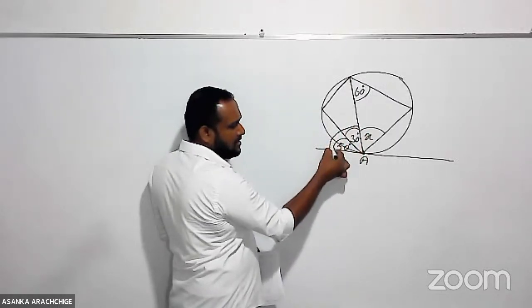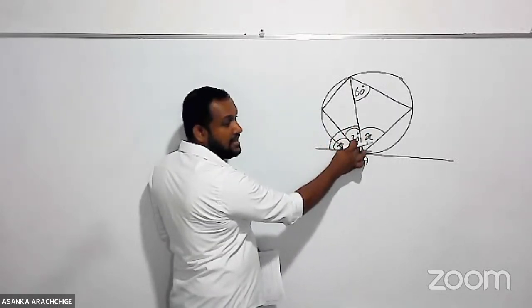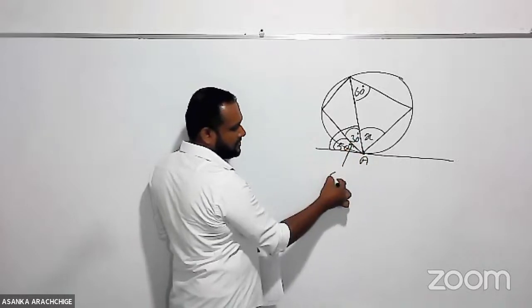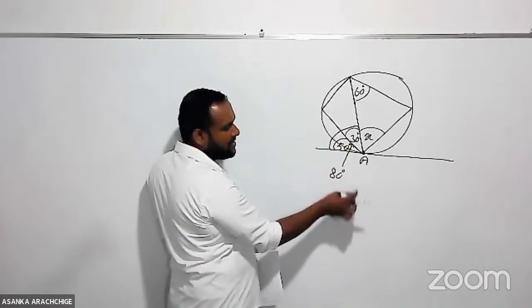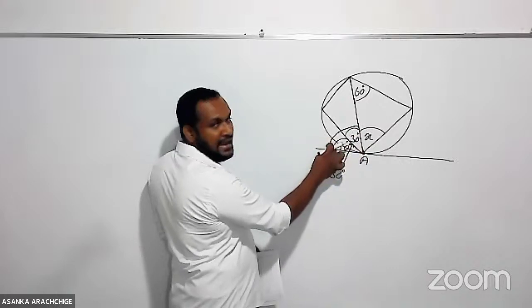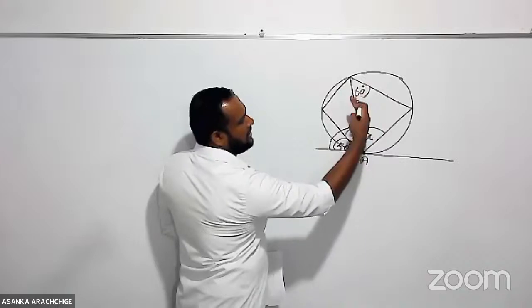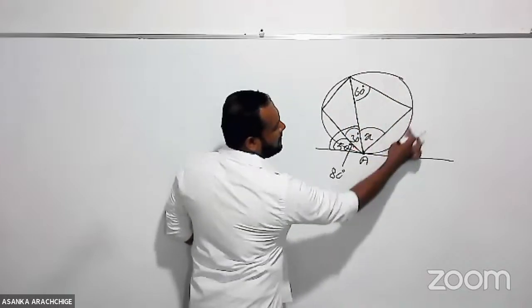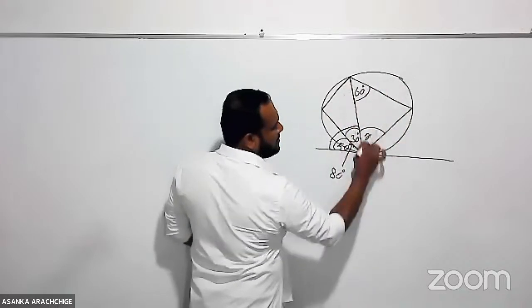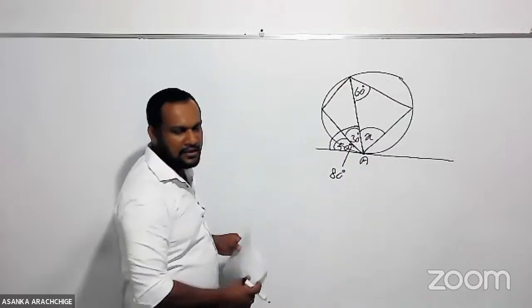Then this angle is 50 plus 30, 80 degrees. With respect to this angle, the segment which lies on the other side is called the alternate segment of this angle.